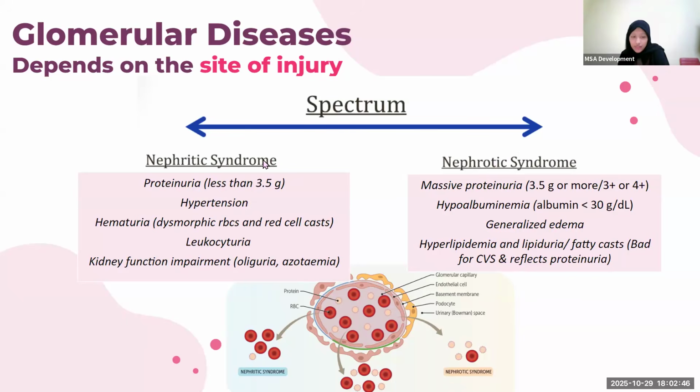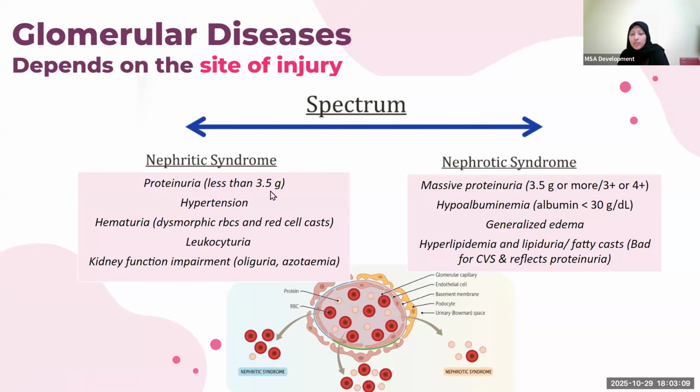Nephritic syndrome presents like this. If they give you a scenario of someone having protein in the urine, let's not say the amount yet, with hypertension, and they also see spots of blood in the urine, this is most likely nephritic syndrome.